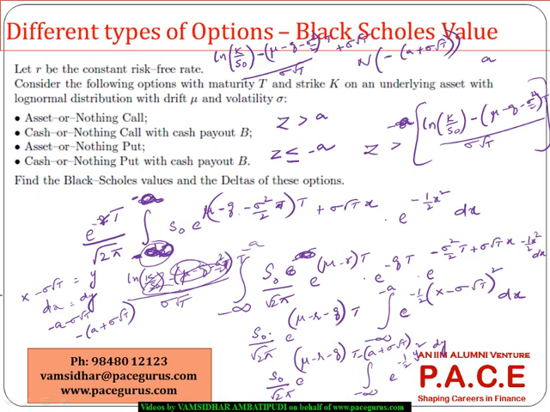So this is becoming sigma squared t and minus sigma squared by 2t. So this becomes log k by s naught minus of mu minus q plus sigma squared by 2 into t by sigma root t. So this becomes another, right?